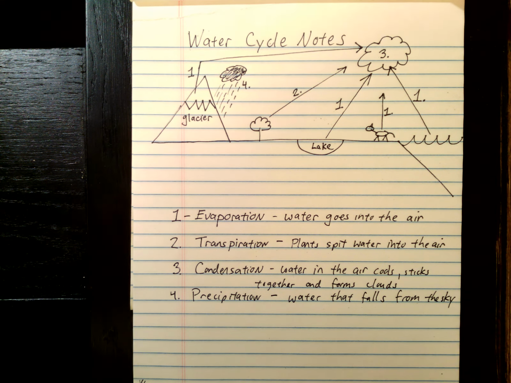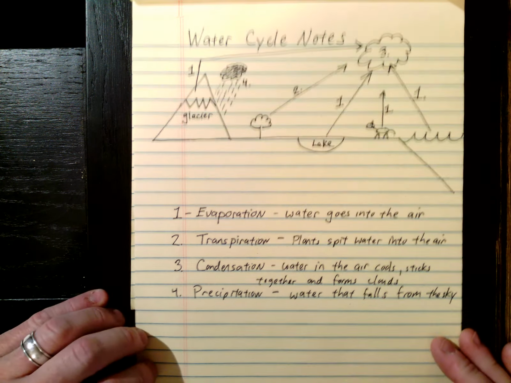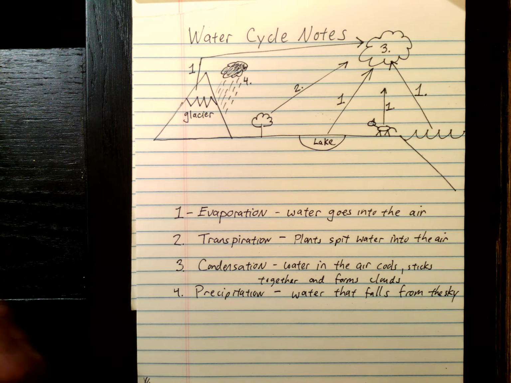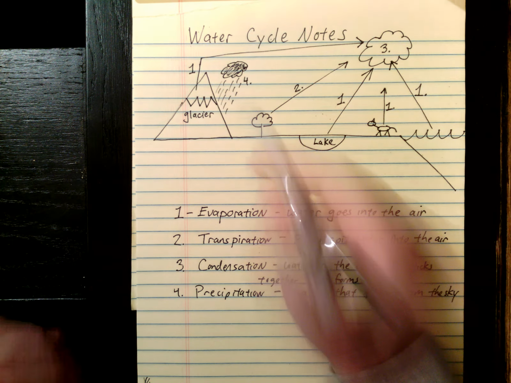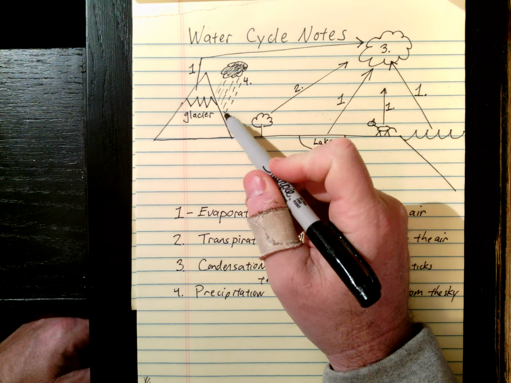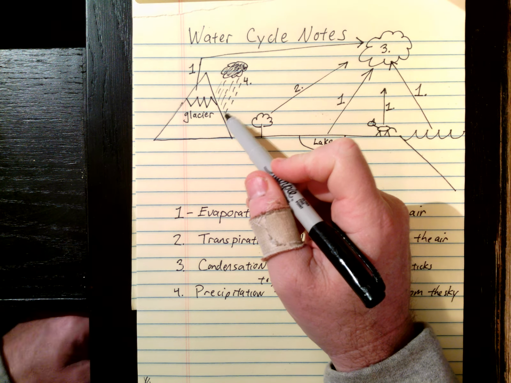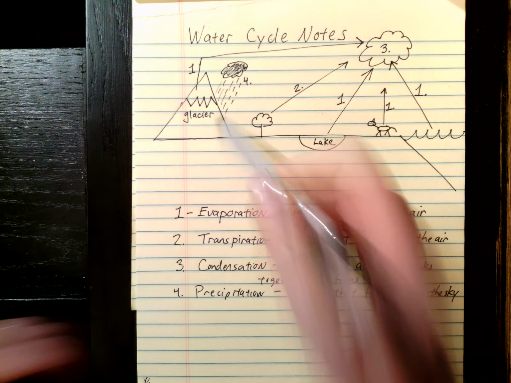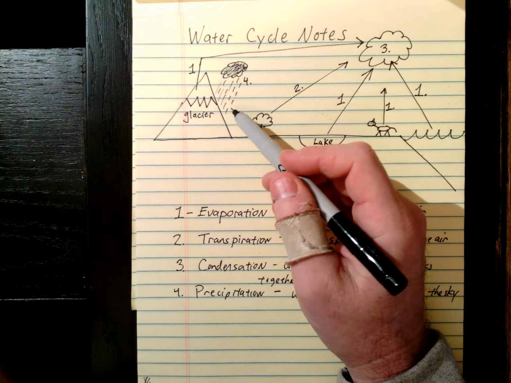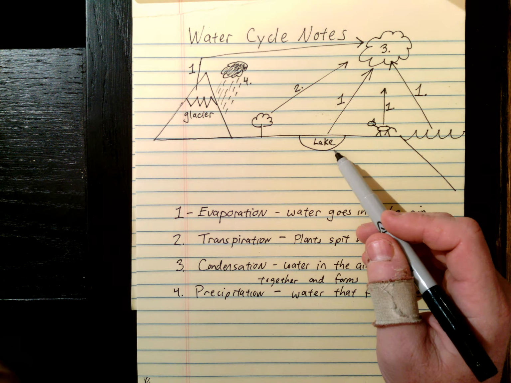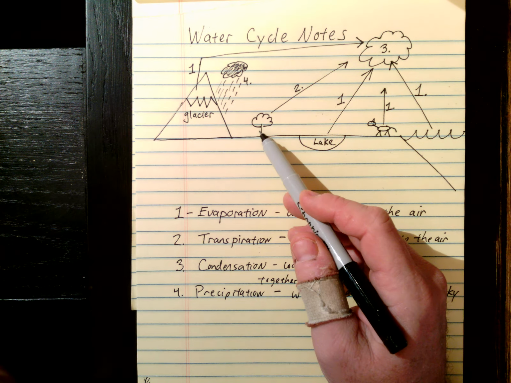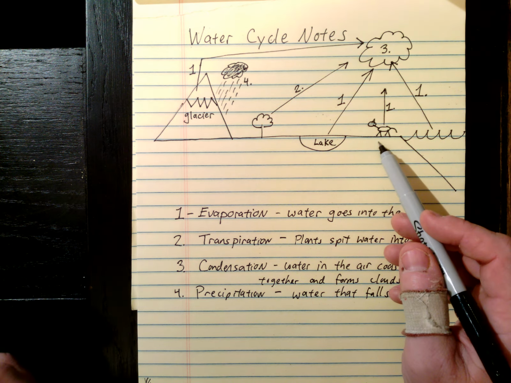Now, here's where this semester is a little bit different, and we're going to start talking about things that we haven't looked at last semester. And that is, well, once this water falls from the sky, what does it do? Well, we know that water from rain will make its way into a lake. A tree will drink it from the soil. An animal will drink it from a river.